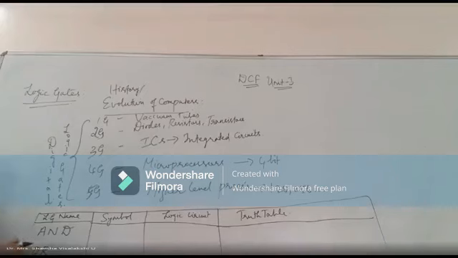Logically speaking, AND will perform the dot operation, that is multiply. OR is the plus operation, that is add. NOT you can show with a tilde symbol or exclamation mark.